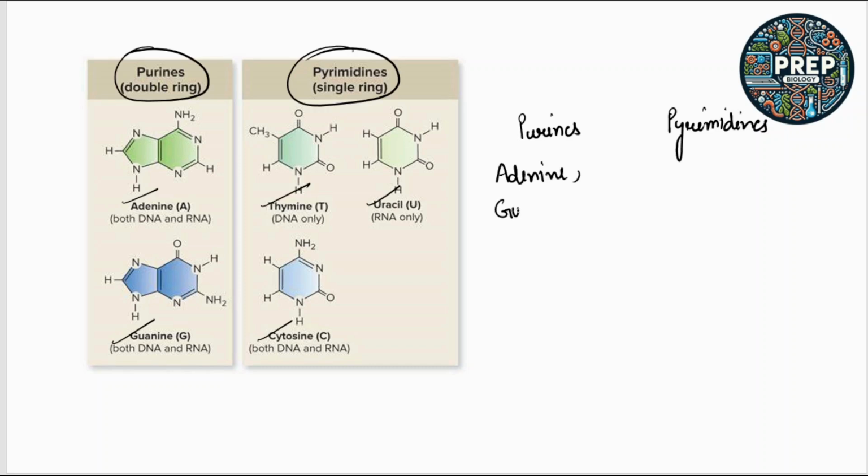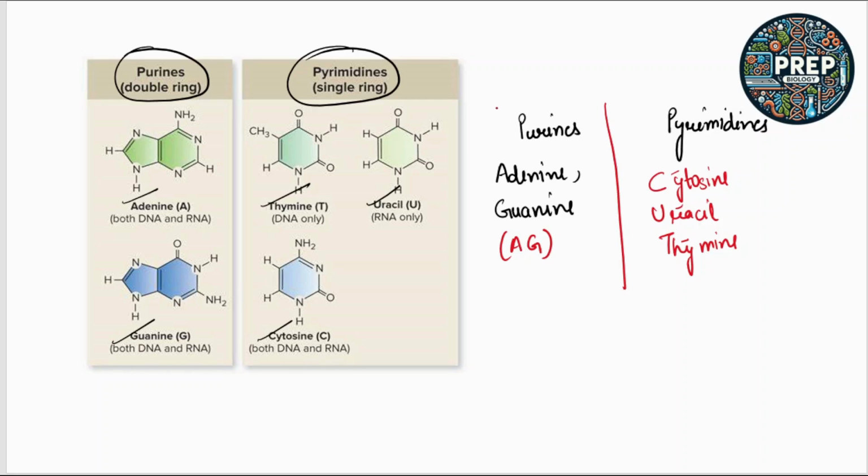You can learn the purines with the AG mnemonic, and under the pyrimidines we have the CUT mnemonic, that is C cytosine, U uracil and T thymine. So this is the difference between the purines and pyrimidines.